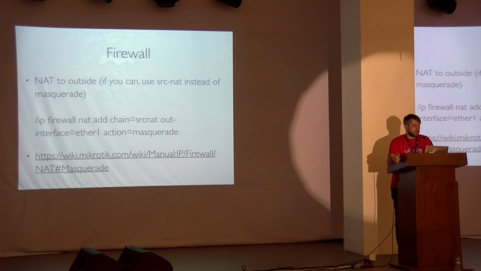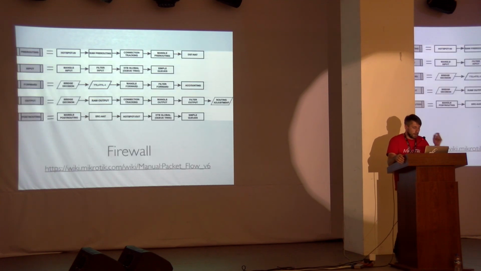But it is also a great way to protect your customers, because when you don't have a public address on a customer interface, it means that nobody can connect to that private address. Private addresses don't exist in the public networks, and some bad people from public networks will not be able to access your client device directly. And so this is the way how you protect your customers and devices.